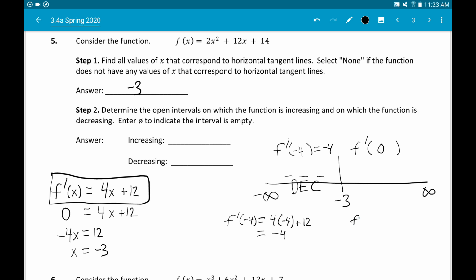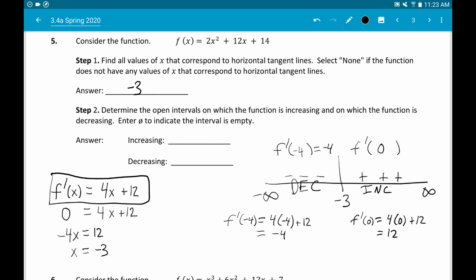Alright, if we plug in 0 into the derivative, 4 times 0 plus 12 is going to be 12. That's a positive number, so I'm going to put some plus signs here. Okay, so in other words, the slope's positive over there, so we would call this increasing. Alright, good.